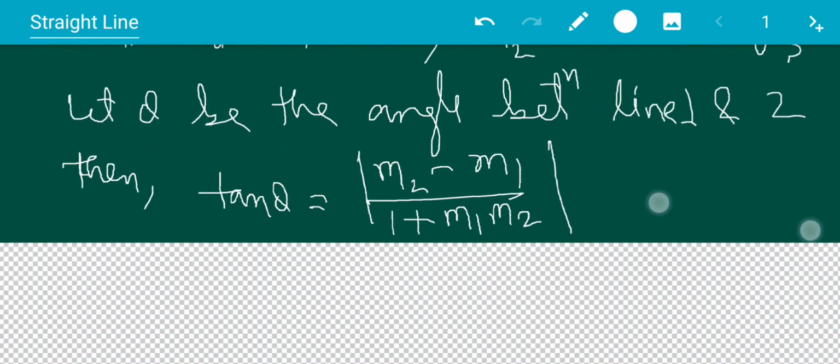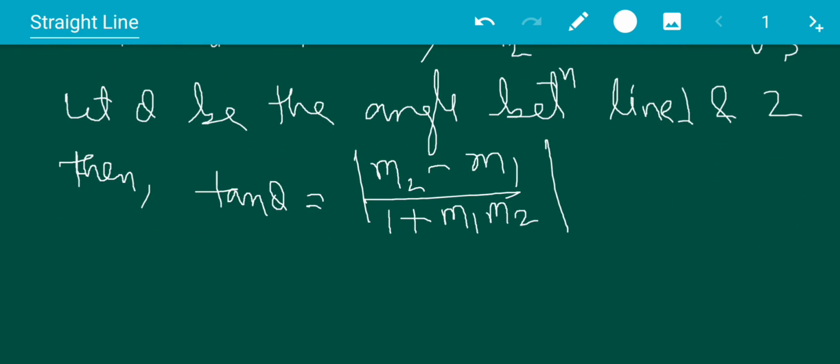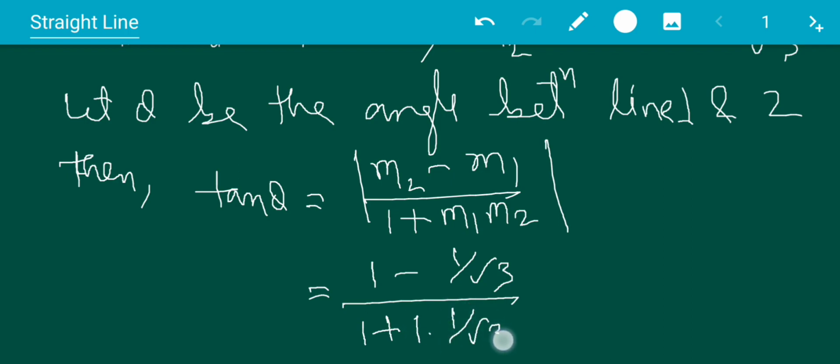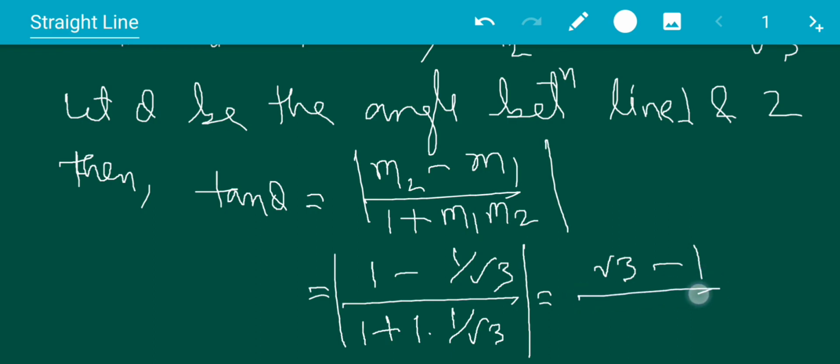Simply I can write this as 1 minus 1 by root 3 divided by 1 plus 1 into 1 by root 3. This is nothing but root 3 minus 1 divided by root 3 plus 1.